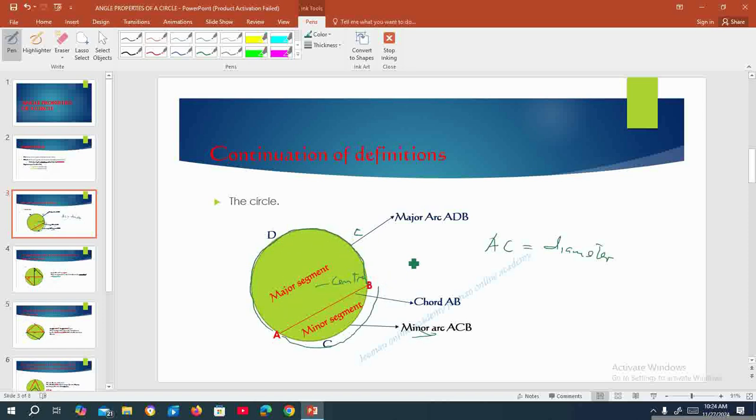And because it is a bigger arc or the longer arc, we call it the major arc here. So those are basically the terms that we're going to be using to define the angle properties and their relationships in a circle. So let's get into the first angle property.